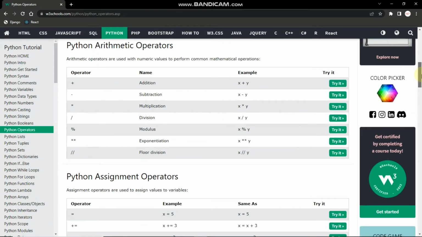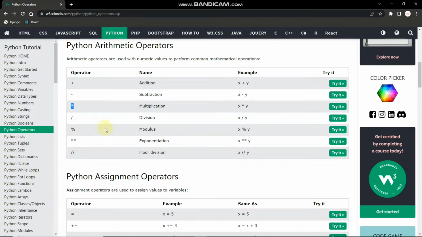First of all guys, you're going to see arithmetic operators. So you're going to see plus, minus, multiplication, division, modulus, exponent, and floor division.